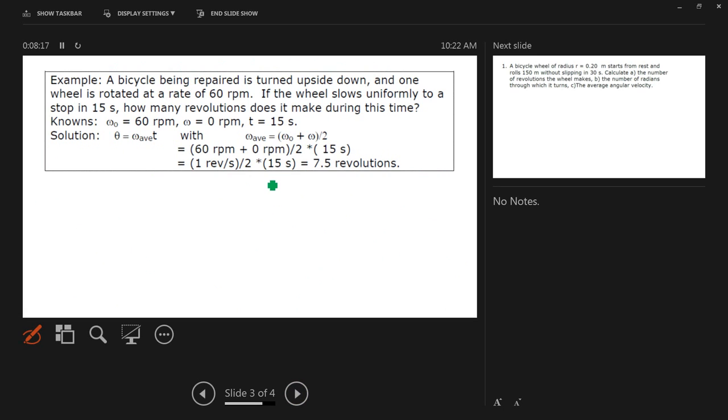In this particular case, we have a bicycle wheel, so it's a rotating object. Not a very good wheel, is it?